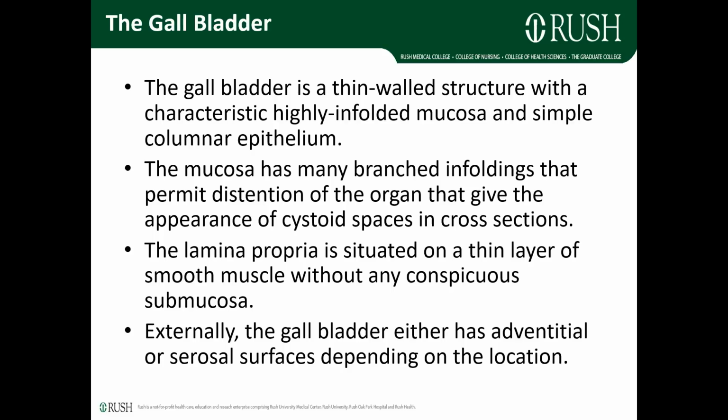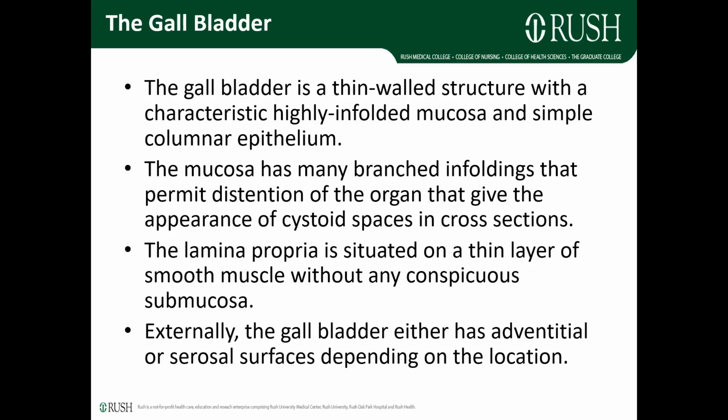Finally, the gallbladder. This is a thin-walled structure that is characterized by highly folded mucosa with simple columnar epithelium. The gallbladder can distend because of these foldings, and in cross-section appears to have cystoid spaces, and we will see that in a histological picture a little bit later. Histologically, it also lacks a conspicuous submucosa.